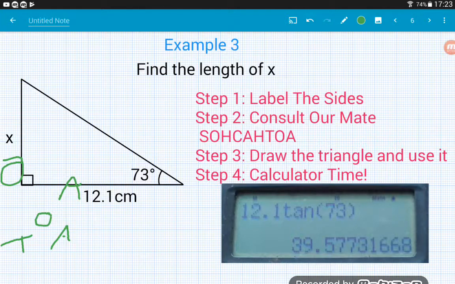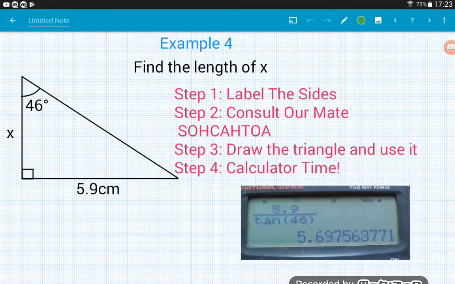So cover that over, and that would tell us that we want the adjacent times tan of the angle. So 12.1 tan of 73. And again, if we just whack that straight into the calculator and press equals, we will get our answer.